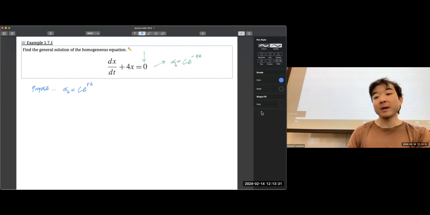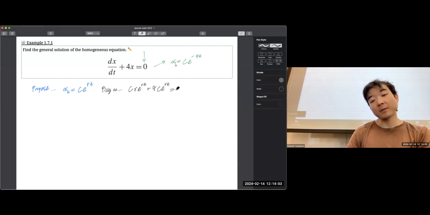So we say this might be a good solution form, and like we've done before, we just plug it in. So you plug this into the derivative term. If you do that, there's a chain rule because the only variable is t, and of course the derivative is with respect to t. So you're going to have c times r, which pops out from the chain rule, e to the rt, plus 4 times, you're just plugging this directly into the x, so c e to the rt.